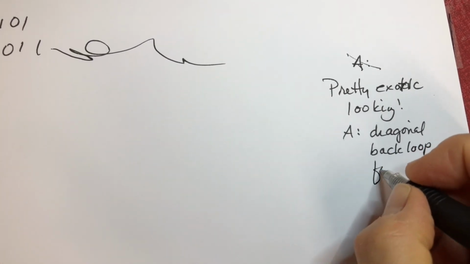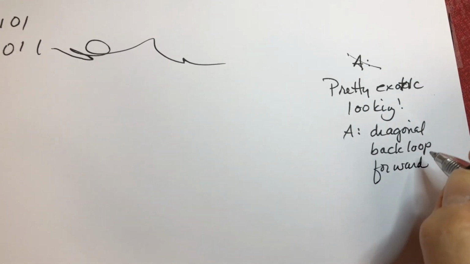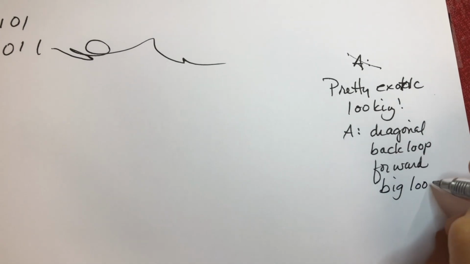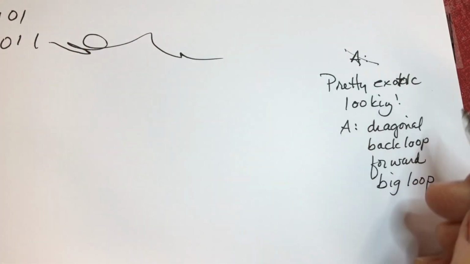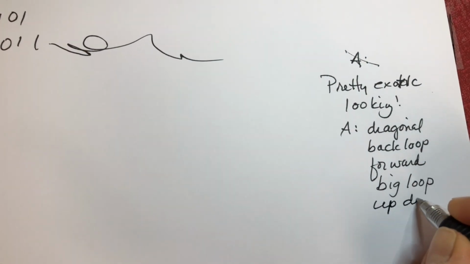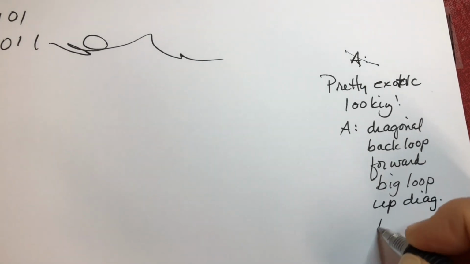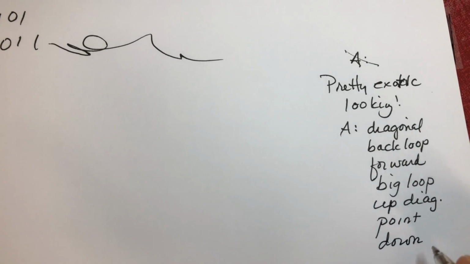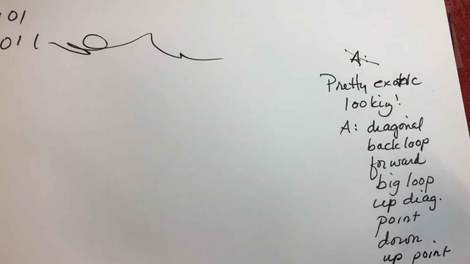And then forward, and a big loop, and then it goes up diagonally, point, down, up, point, and across. Now this is the entire ideogram from beginning to end.